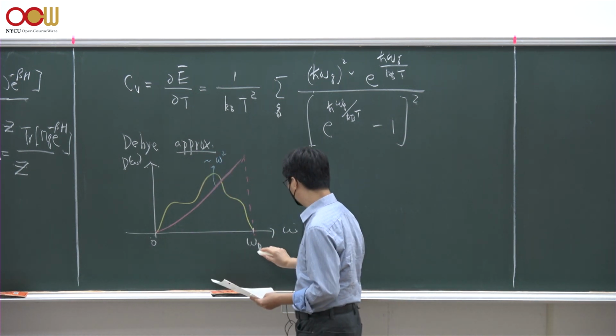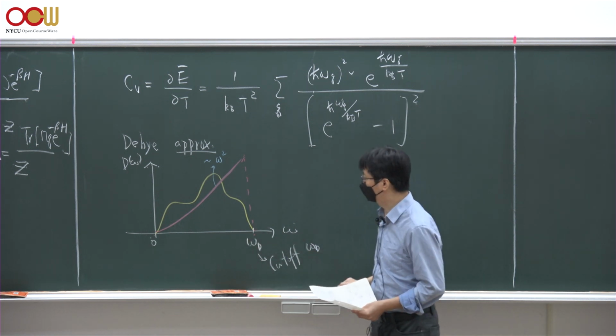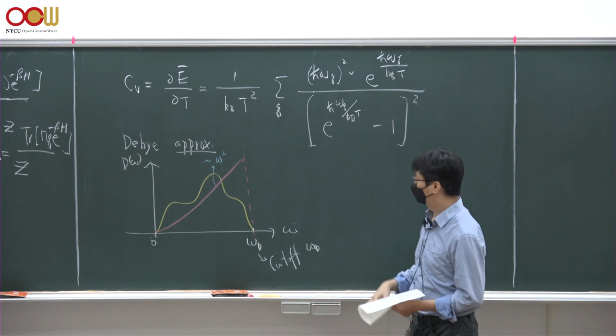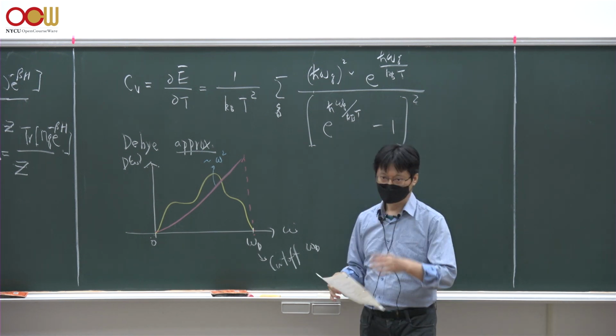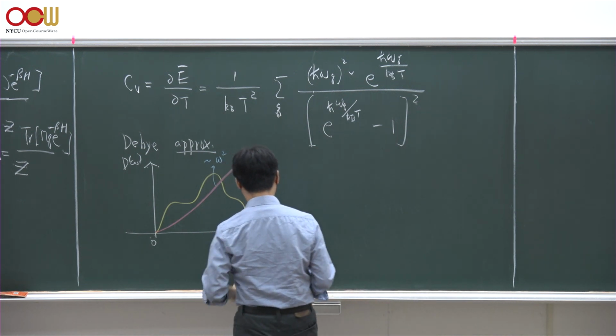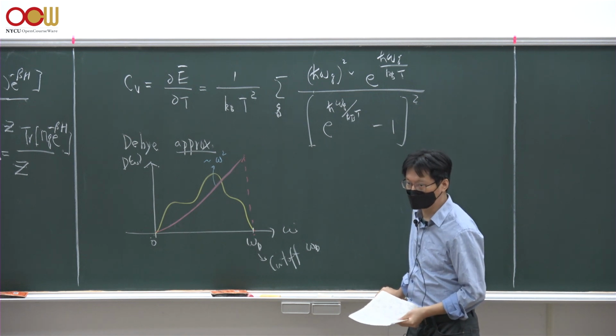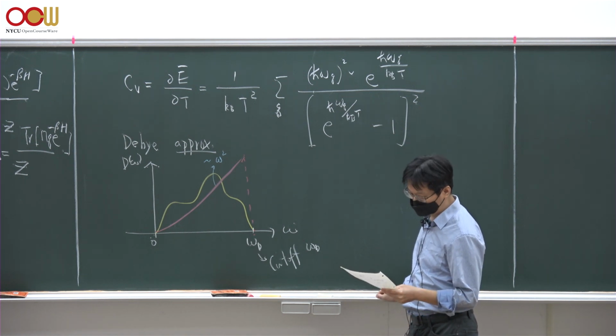And there's a cutoff energy or cutoff frequency beyond which there is no density of states, meaning the phonons contribute to the density of states only up to some cutoff frequency. Beyond that frequency, there's no density of states available.